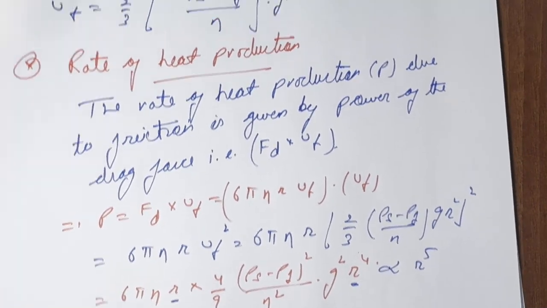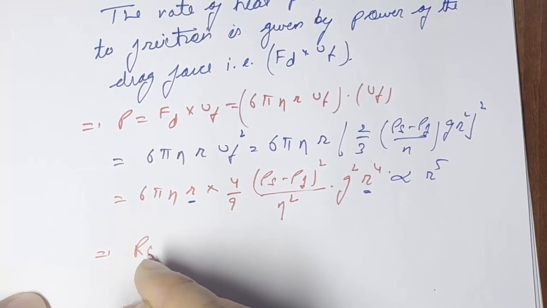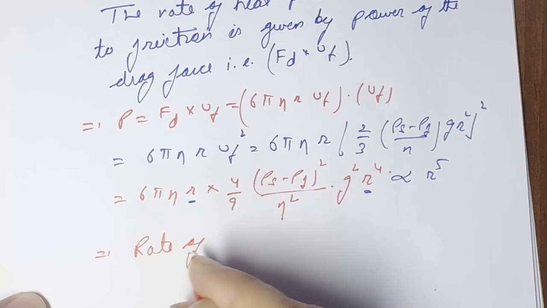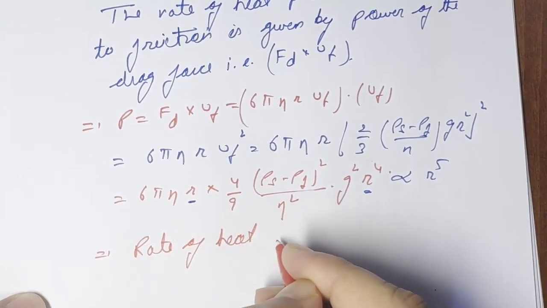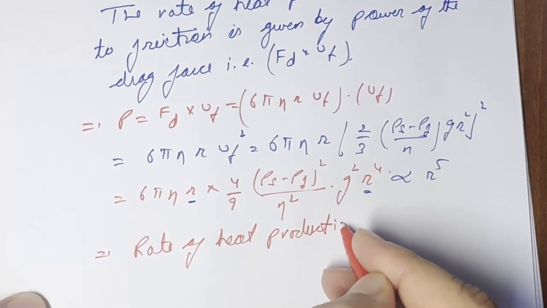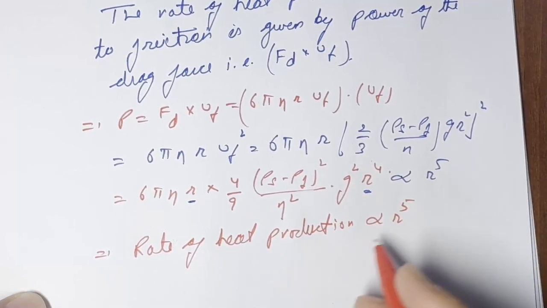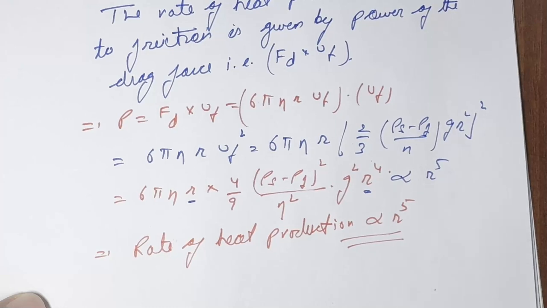Therefore we can say the rate of heat production is directly dependent upon the fifth power of the radius, and that was what was asked.